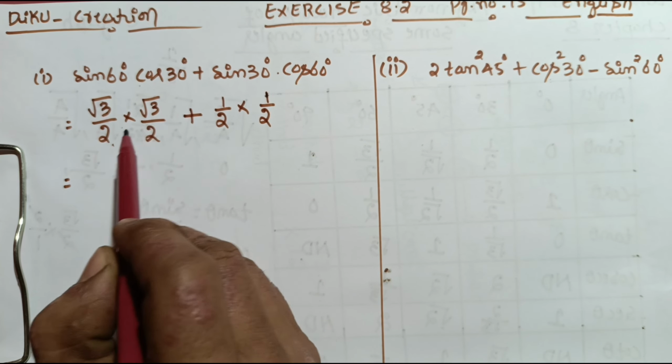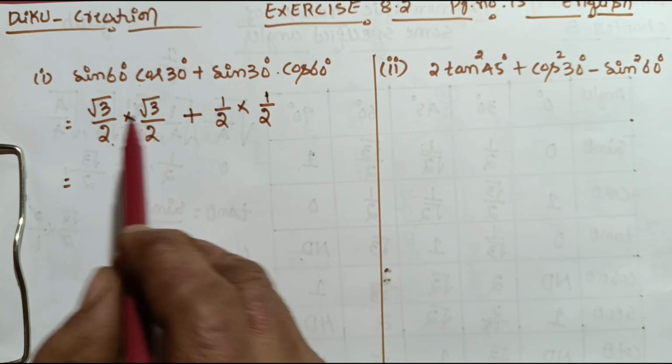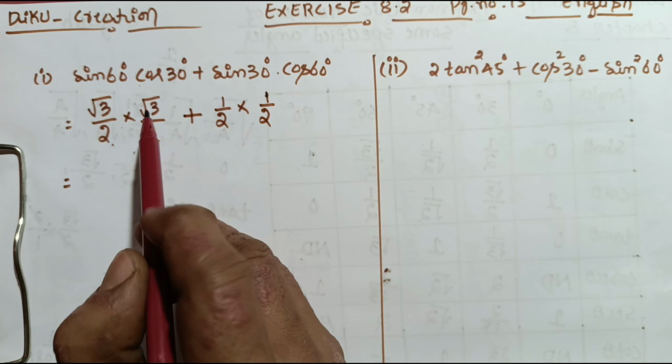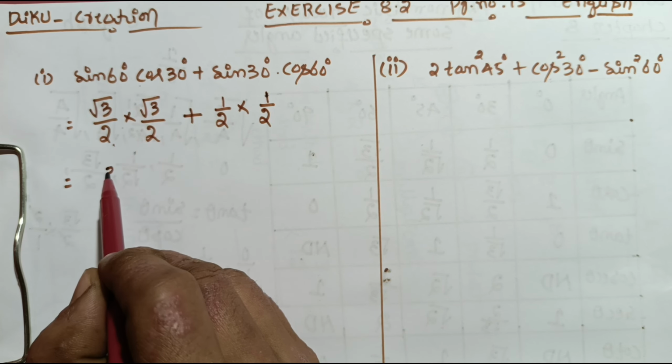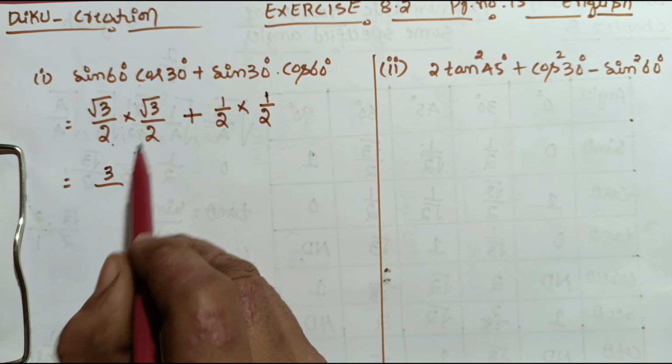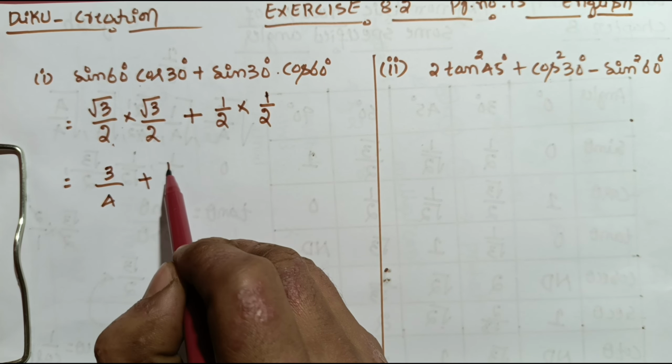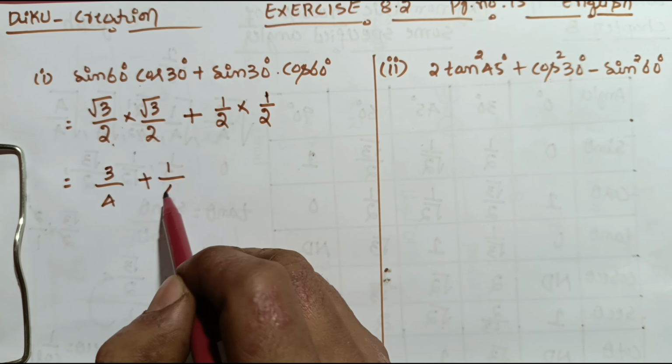Multiply these two, then add them. Root 3 into root 3 is root 9. What is the square root of 9? It is going to be 3. 2 into 2 is 4, plus 1 into 1 is 1 divided by 2 into 2 is 4.